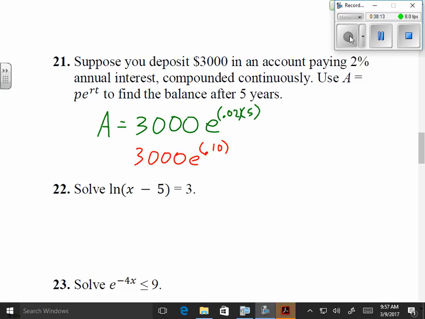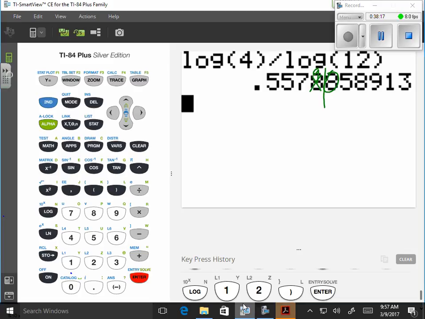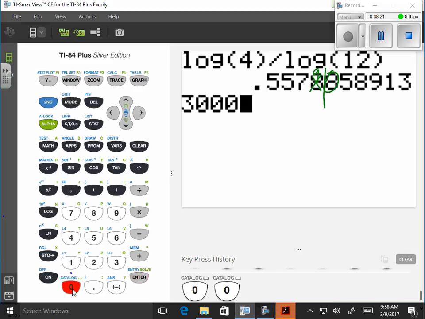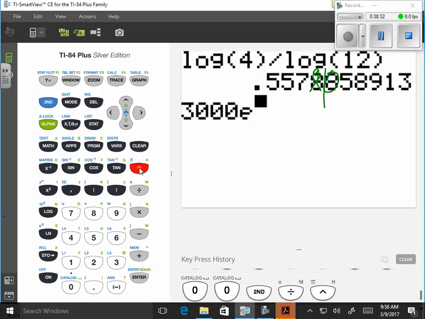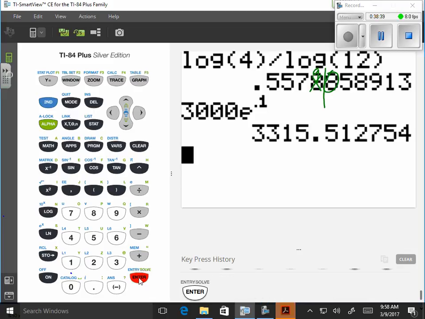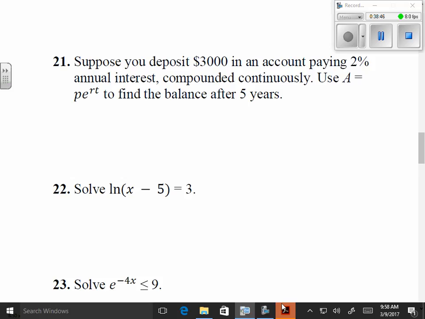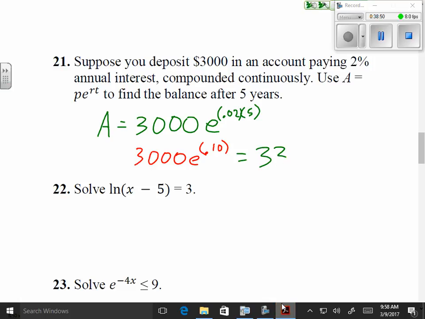So 3,000 e to the 0.1. $3,315.51. That'll be our balance after 5 years.